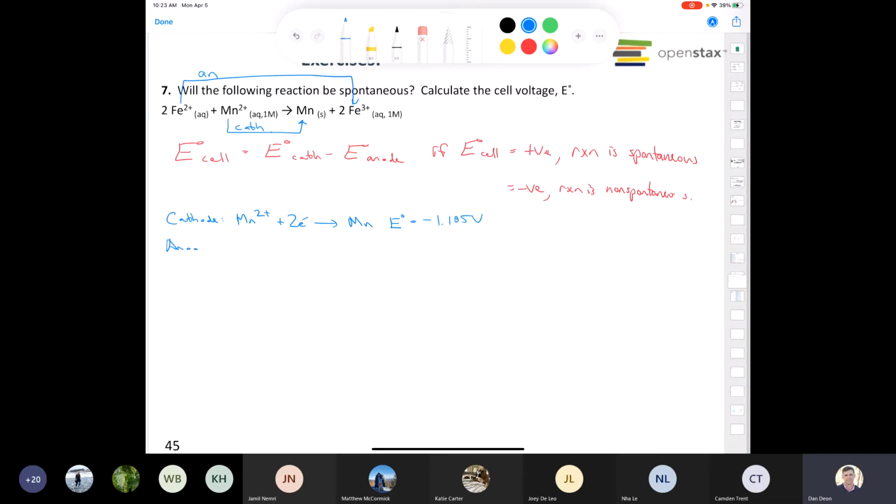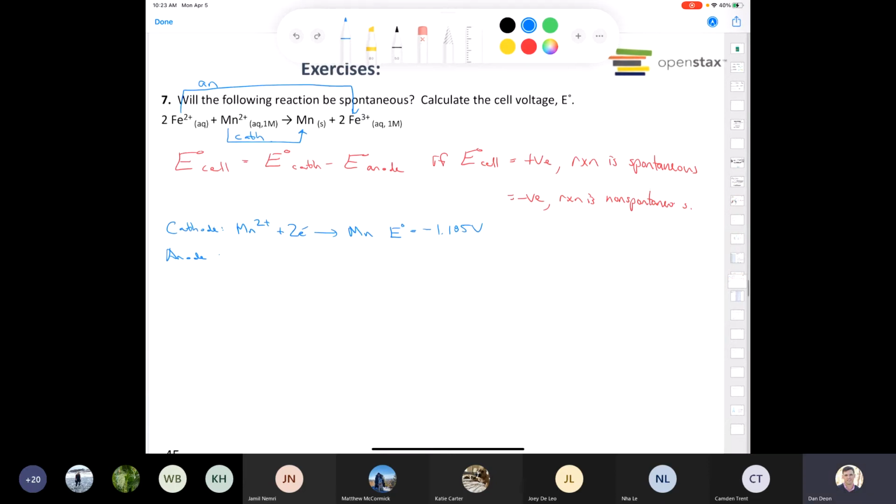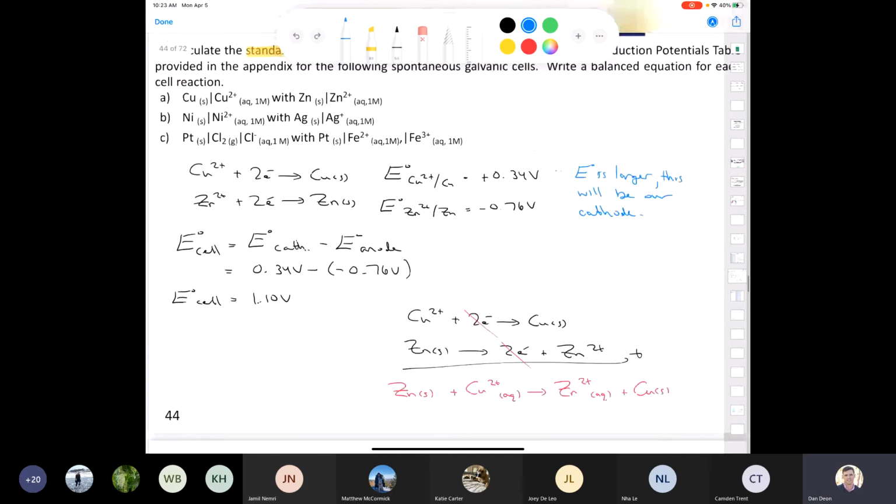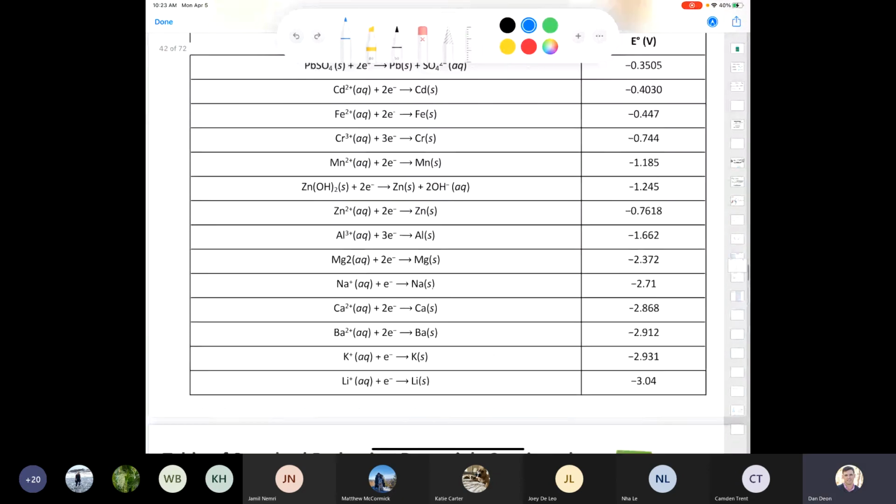For the anode, we have iron 2 plus, and the standard reduction potential should be written the other way around. Let's go back to the table here. So for iron 3 plus to iron 2 plus, is that in this table here?